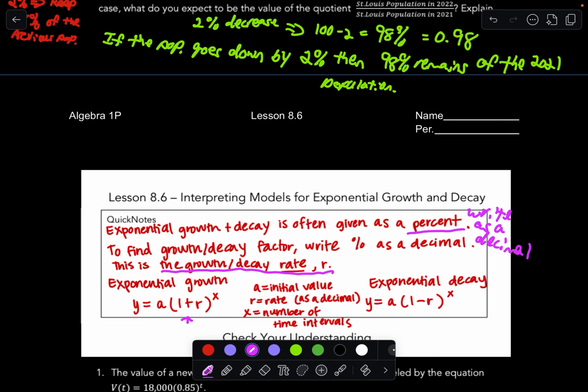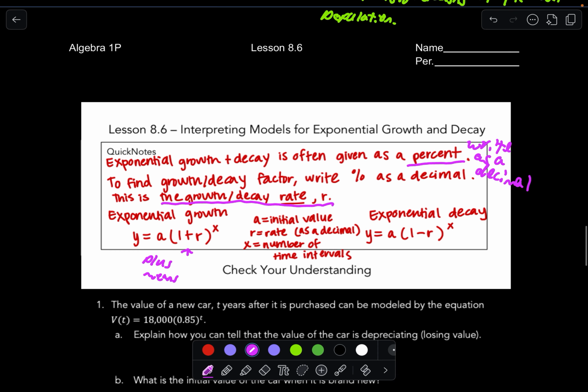Notice it's a plus, which means greater than 1. And if it's exponential decay, it would be 1 minus r. Minus means less than 1. So when the base is greater than 1, that's growth. When the base is less than 1, that's decay. Okay? And there you go.